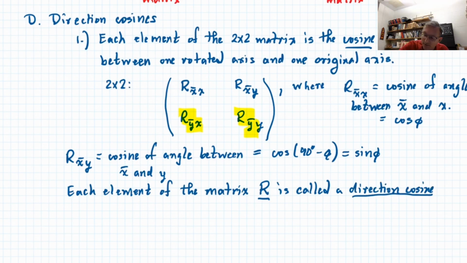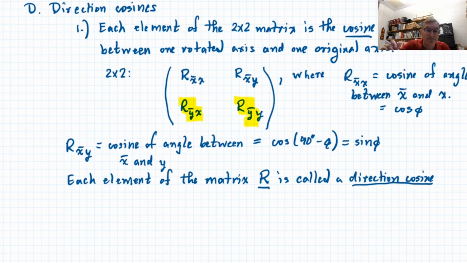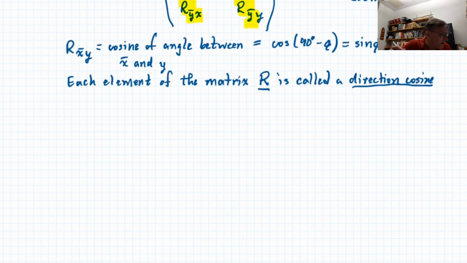Now I just want to generalize my picture a little bit to a full 3D view. Okay? All right, so now I want to view the rotation in 3 spatial dimensions.